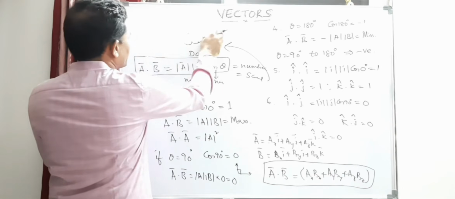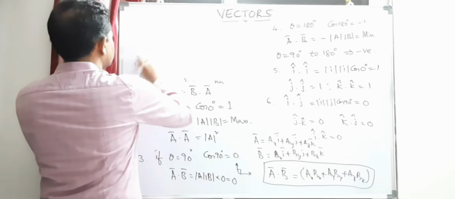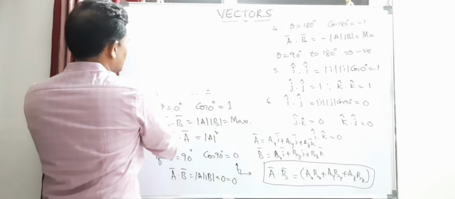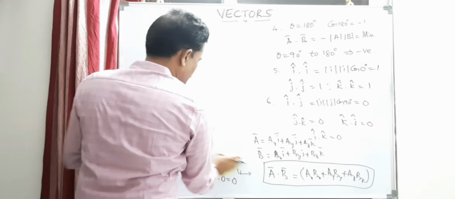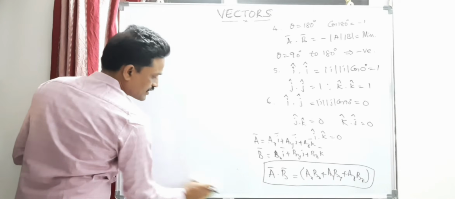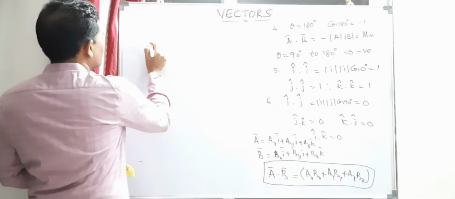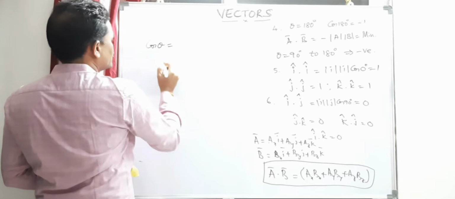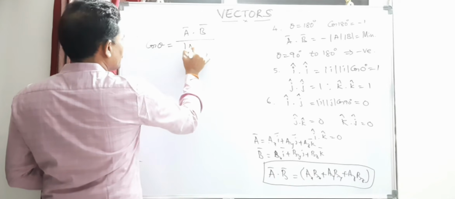There is one advantage of the dot product: you can find out the angle between two vectors. Suppose A is equal to AX I plus AY J plus AZ K, and vector B is equal to BX I plus BY J plus BZ K. From the definition of dot product, I can write cos theta is equal to A dot B divided by mod A mod B.